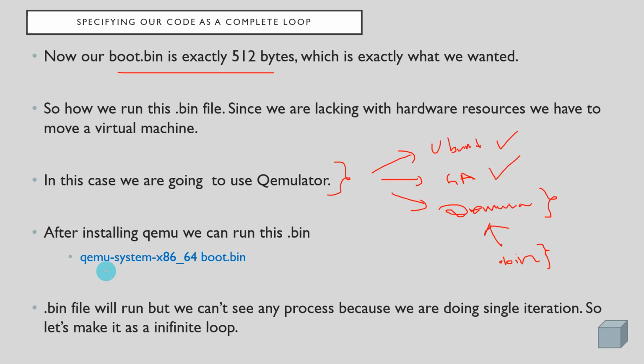When you want to run your binary file, you have to type this command: qemu-system-x86_64 and your bin file name, boot.bin. But remember, this will show nothing because we haven't implemented any specific code for it, and it will only run a single iteration.